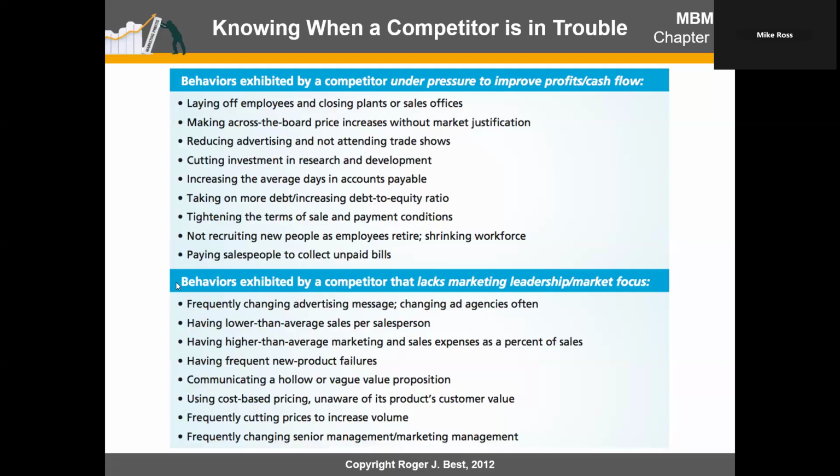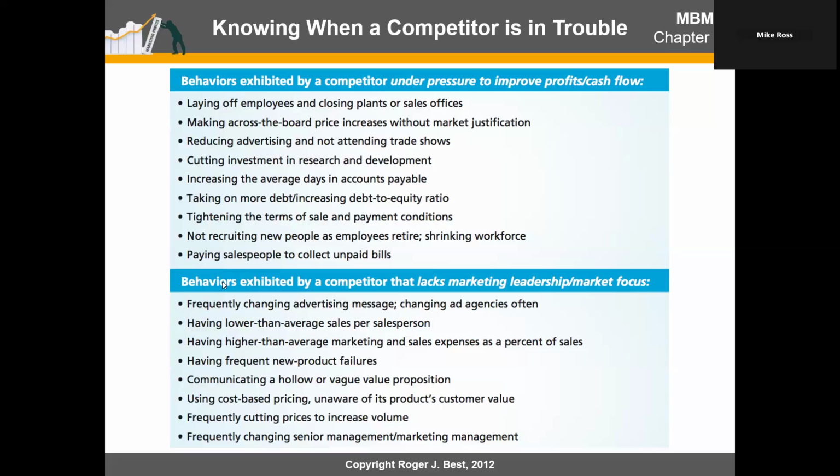Now that's around pressure around improving profits and cash flow, and you will see that often in publicly traded companies where every quarter they have to make public their financial performance.